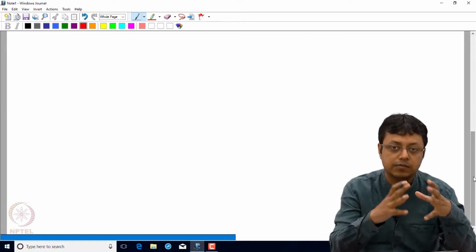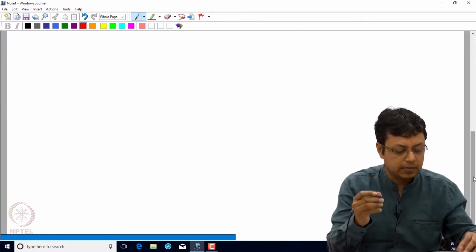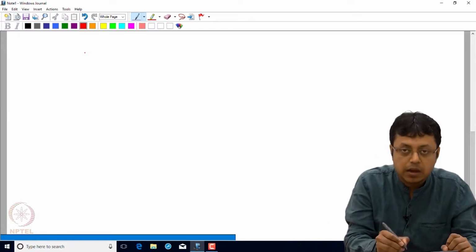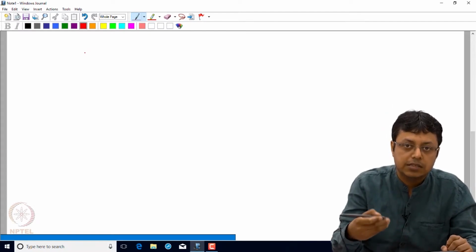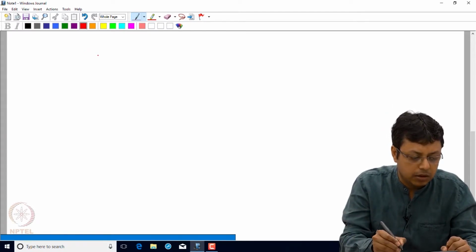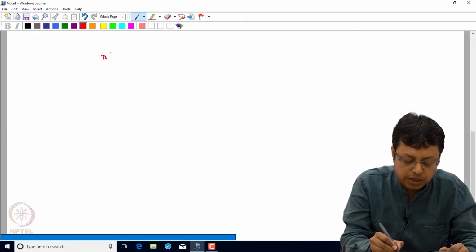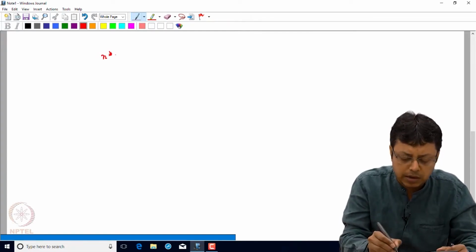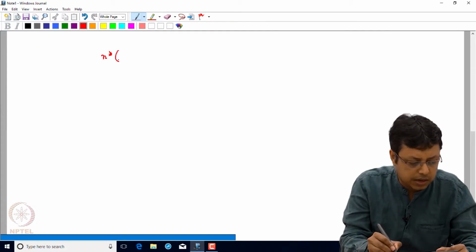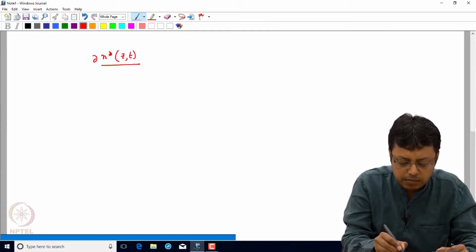One was Fick's first law and the other Fick's second law, and Fick's second law basically tells you how the concentration varies with time, or how the density varies as a function of position and time. We are probably using some rho notation or n notation, so the notation can be slightly different. So as a function of time, how does it change?